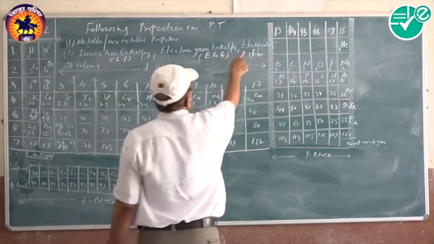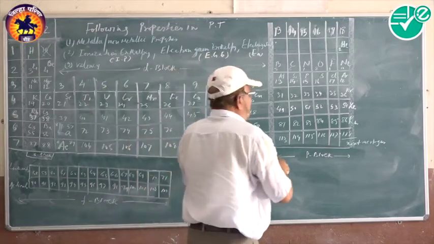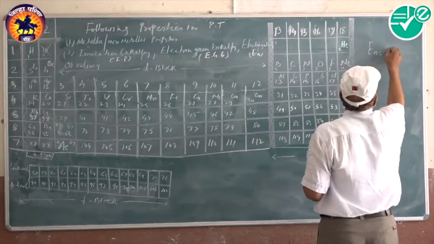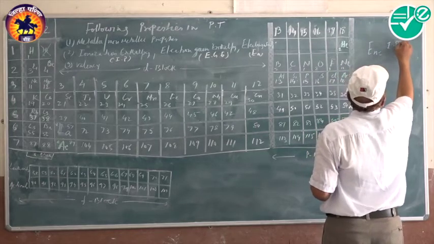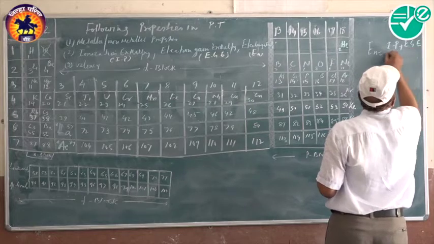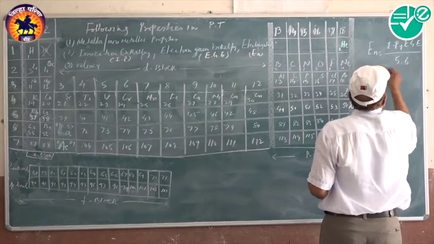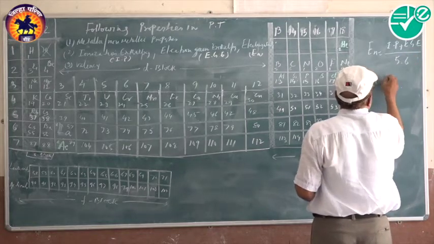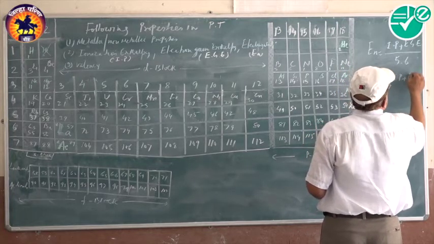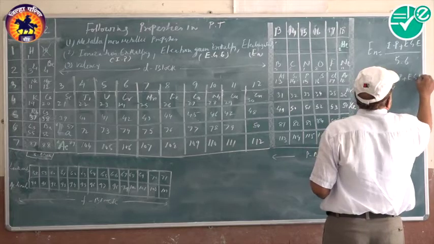And third one is electronegativity. Electronegativity is nothing but ionization potential plus electron gain enthalpy divided by 5.6, meaning electronegativity is directly proportional to IP plus electron gain enthalpy.